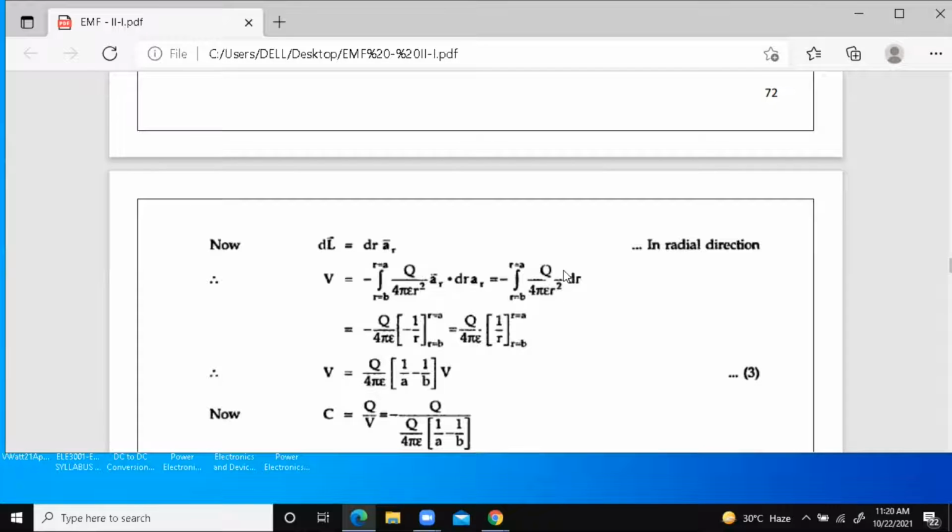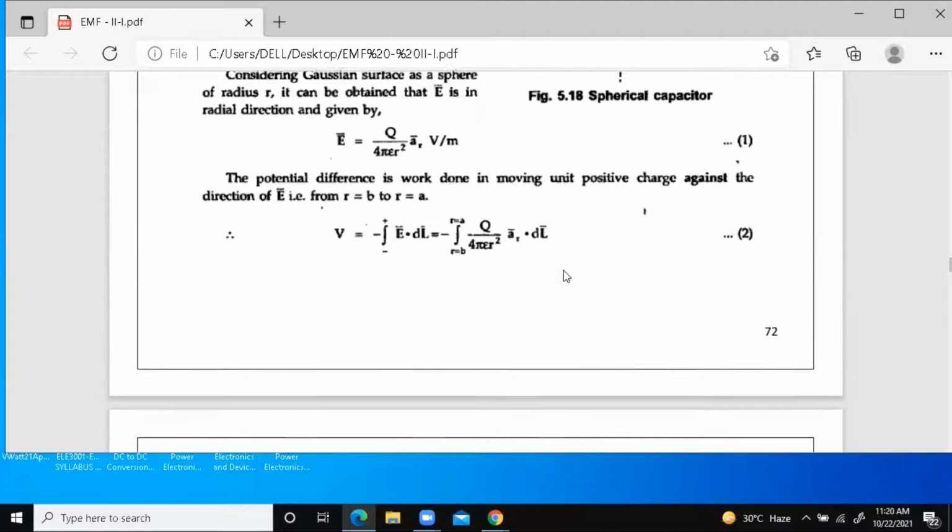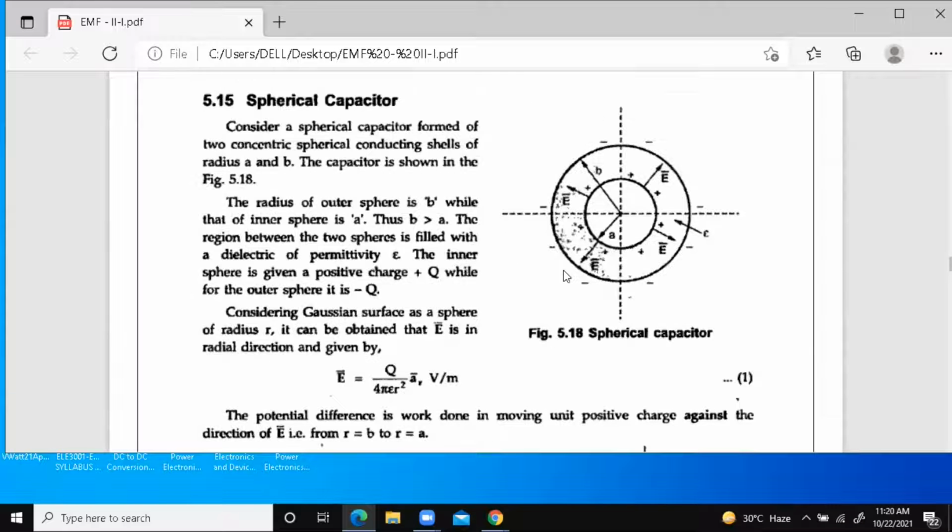So this is A, this is B. But both A and B are in the R direction, radially outwards.